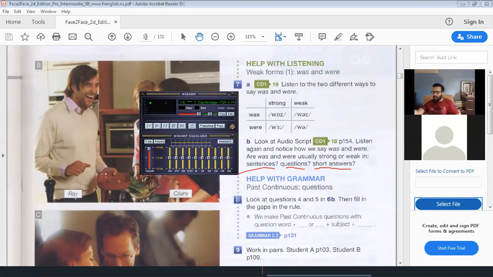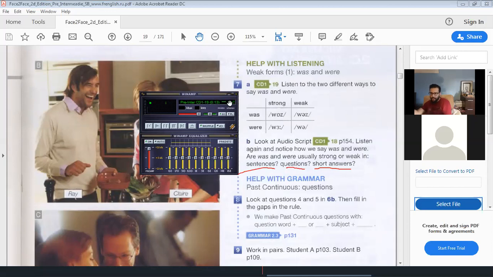Aha. So you think the weak in sentences, and what about the strong? Questions. All right. Yeah, you can guess. It's okay, no problem. What about the short answers? What do we use in short answers? Weak. Okay, so we can confirm this by going to the script.